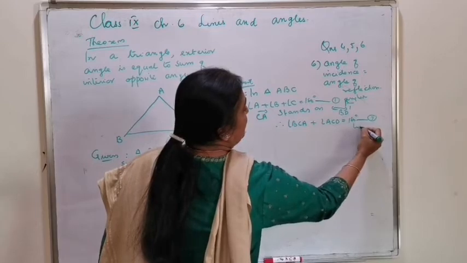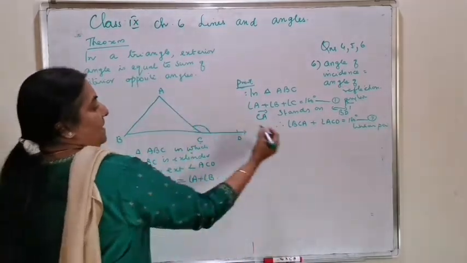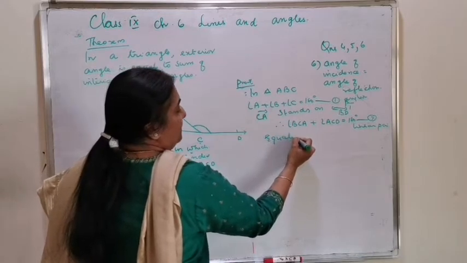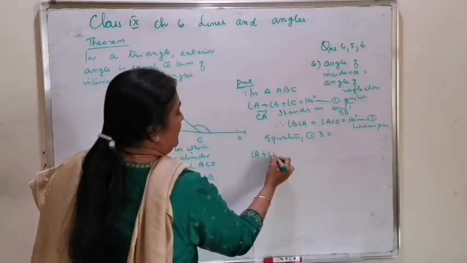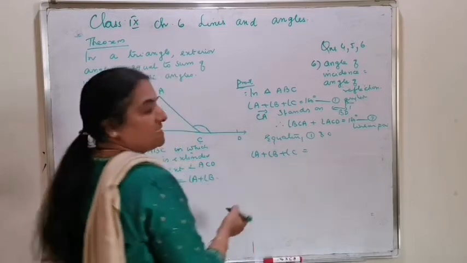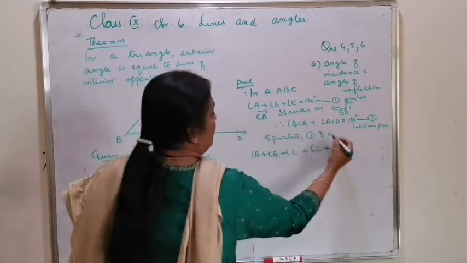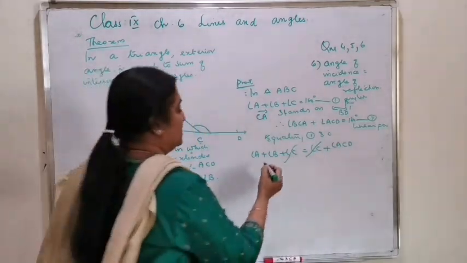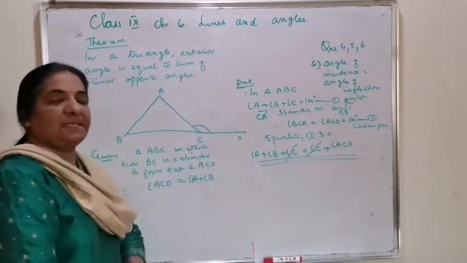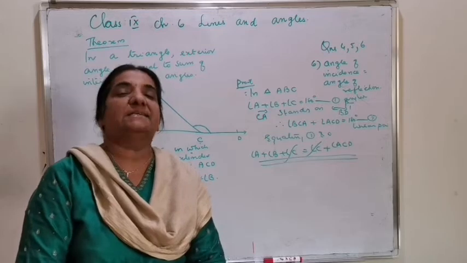Equation number 2, linear pair. Equating 1 and 2, you are getting angle A plus angle B plus angle C is equal to angle BCA, that is angle C, plus angle ACD. You can cancel angle C from both sides. That is, exterior angle is equal to sum of the interior opposite angles.